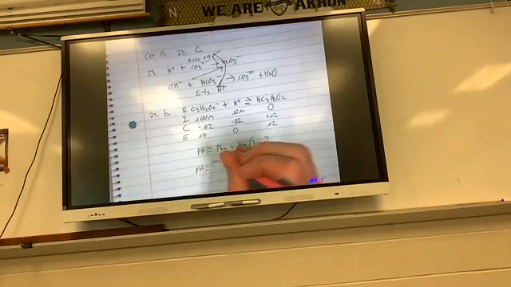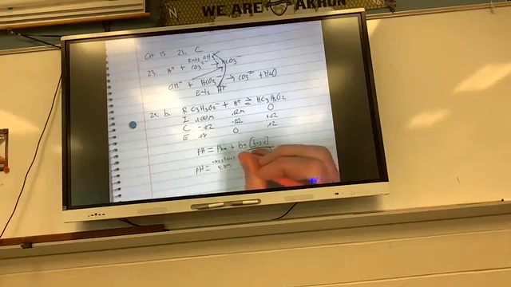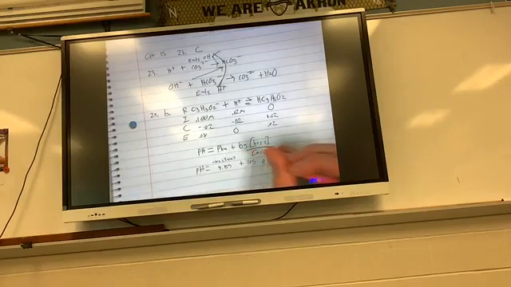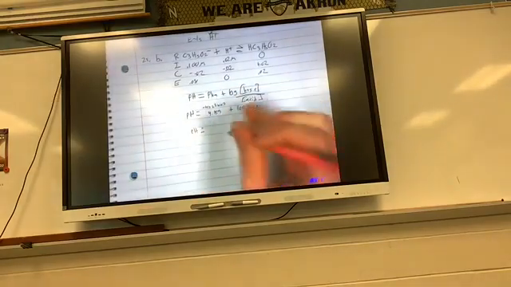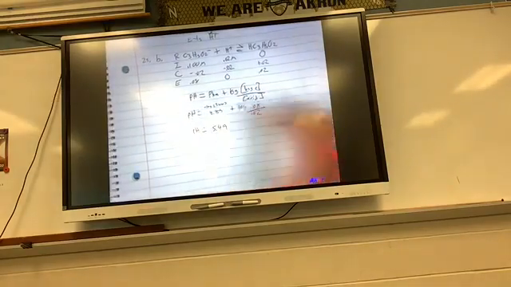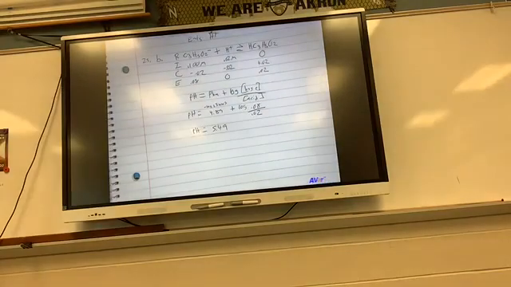That gives me 4.89 plus log of 0.08 divided by 0.02. So pH equals 5.49. And when it says acid, that's the HC3H5O2 on the right? Correct.